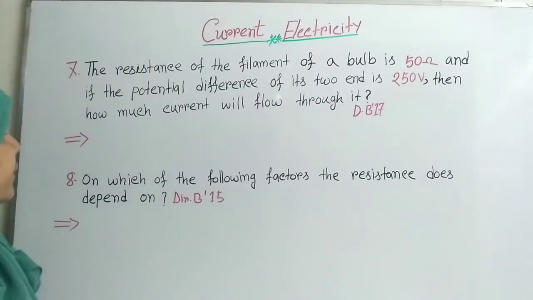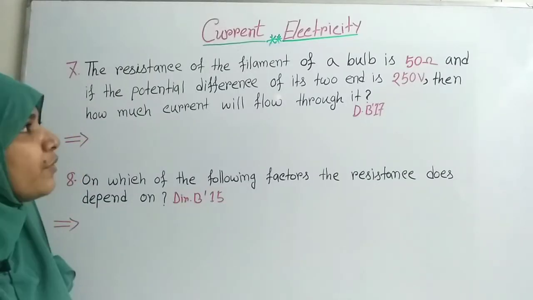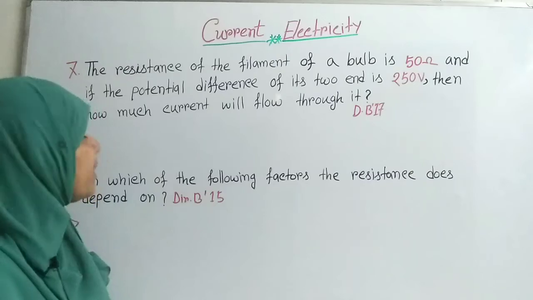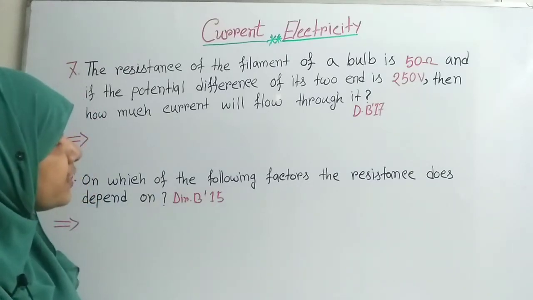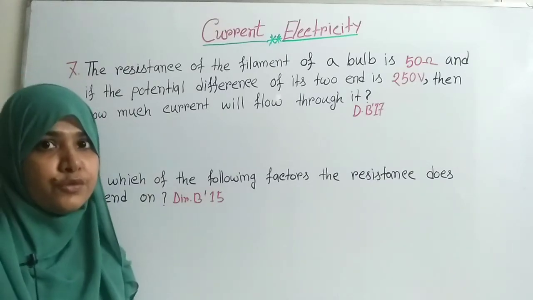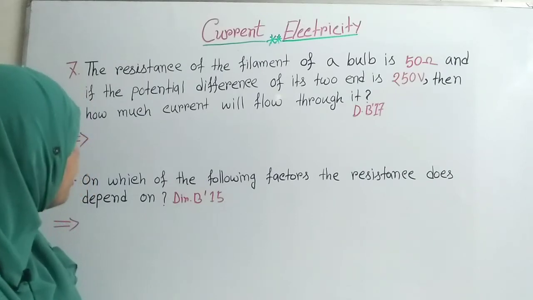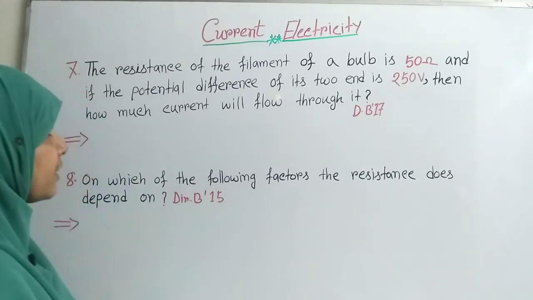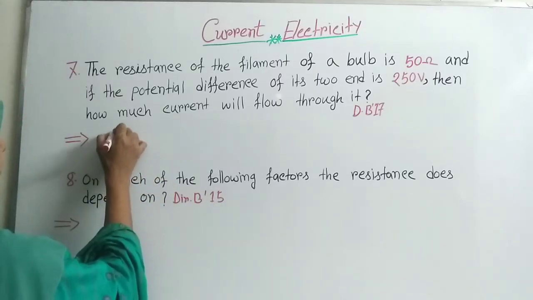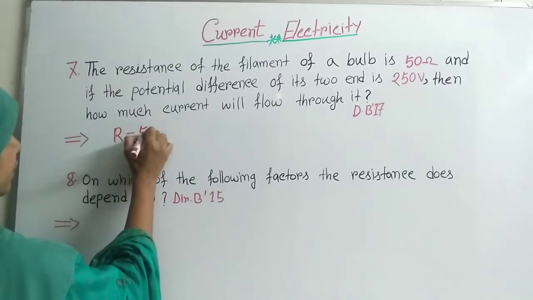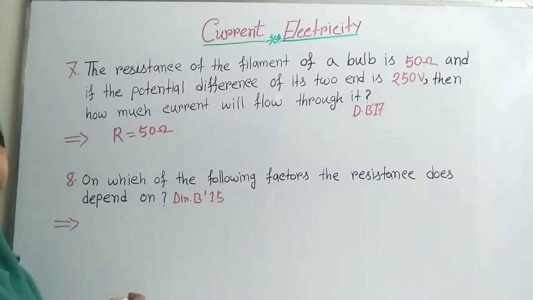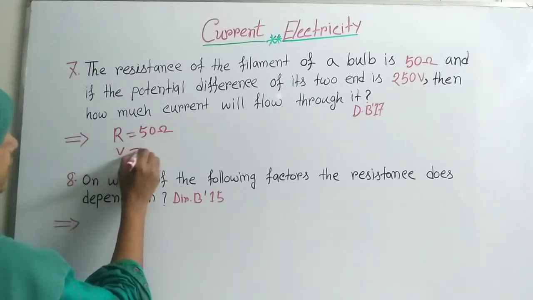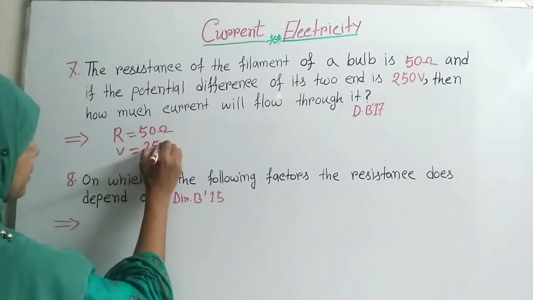Question is, the resistance of the filament of a bulb is 50 ohm and if the potential difference of its two ends is 250 volt, then how much current will flow through it? So here the given informations are the value of R is 50 ohm and V is 250 volt.